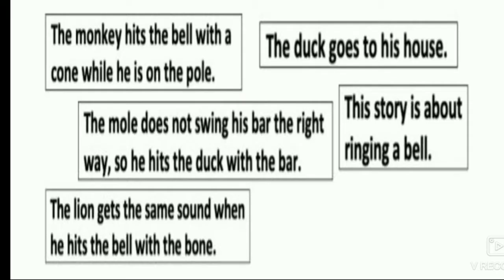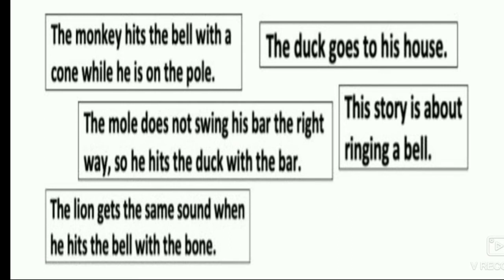Okay, so let us have a look at our sentences. These are our 5 sentences. I will quickly read through them. Sentence number 1: The monkey hits the bell with a cone while he is on the pole. Sentence number 2: The duck goes to his house.